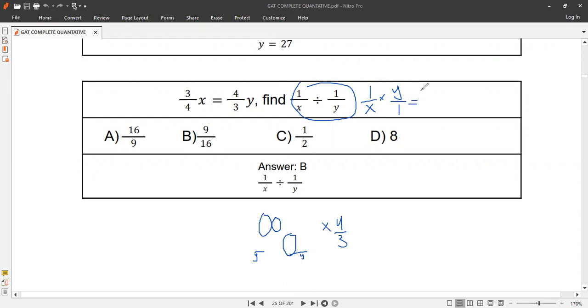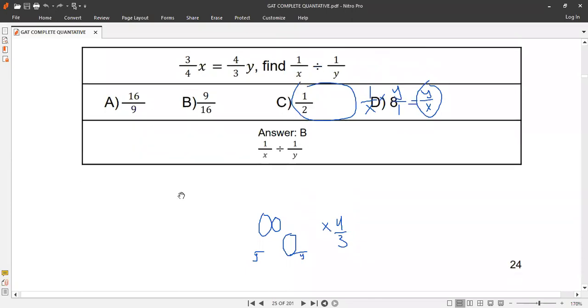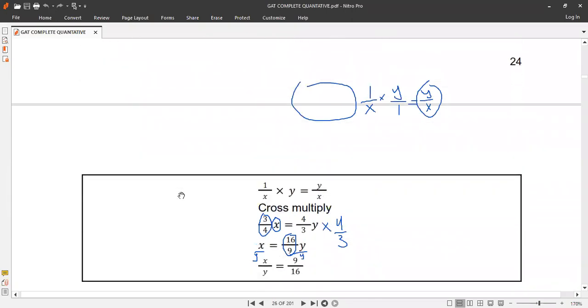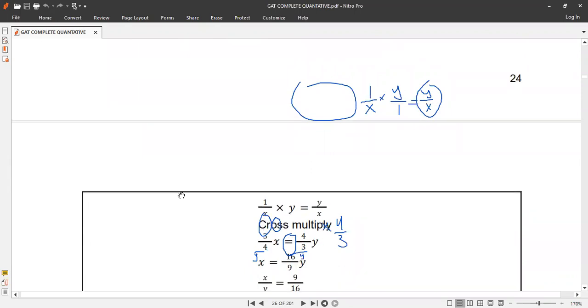They want y over x. Here I find x over y equals 9 over 16. So y over x equals 16 over 9.